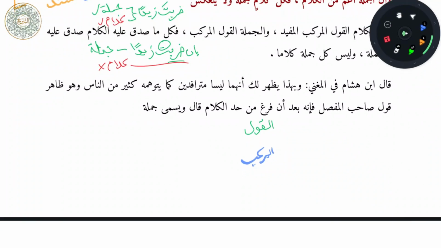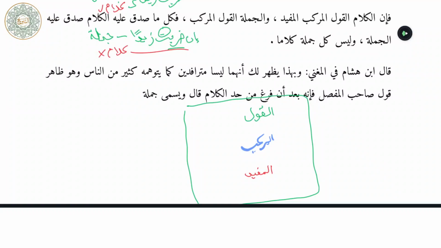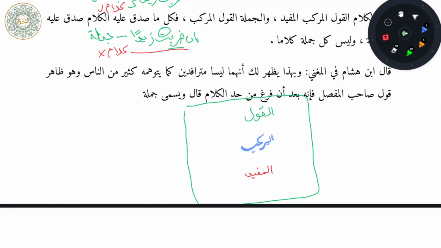Al-qawl is the broadest of all these categories. Why? Because al-qawl over here will include, for instance, al-mufrad, and it's also going to include al-murakkab. Going to include all these things, right?